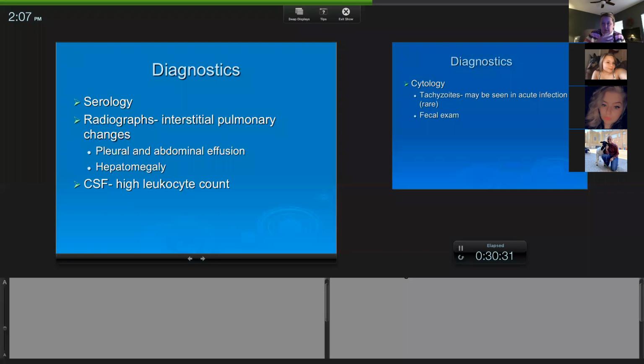White cells go to infection, so if the white cells are in spinal fluid, it means something has migrated or penetrated. It could be bacteria, it could be fungi. Just because there's a high leukocyte count in spinal fluid doesn't mean it is toxo. It means that the body is fighting some infection or inflammation in the spinal column or around the brain. This could be one of the things that they would look for.